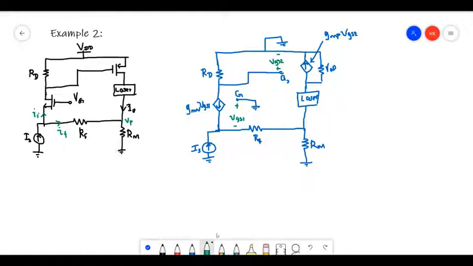So there are two additional details that we were given. One is that this RF resistor is very large compared to 1 over GMN, right? So GMN is the transconductance of this N MOSFET, and also that RF is much larger than Rm.